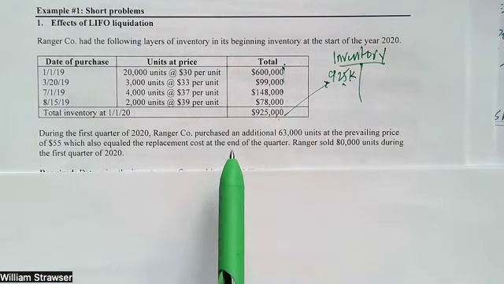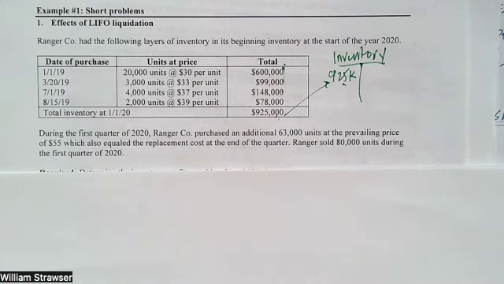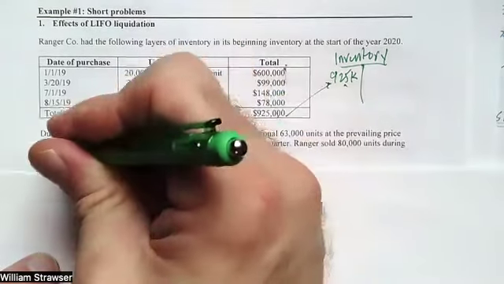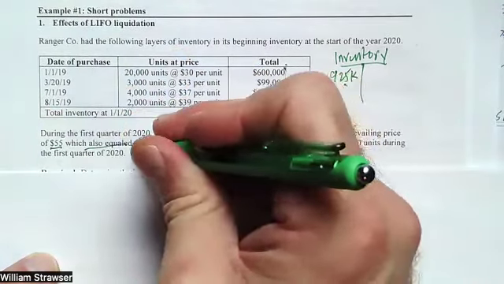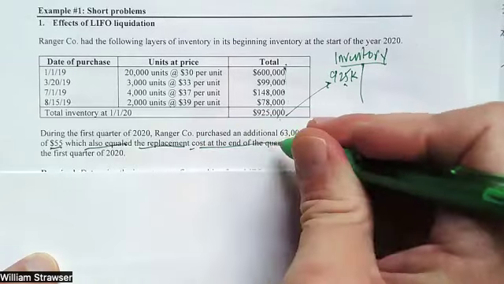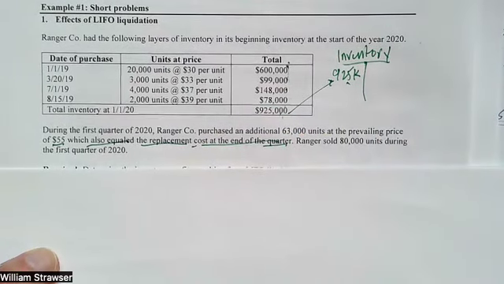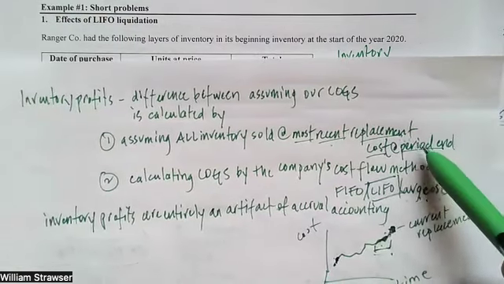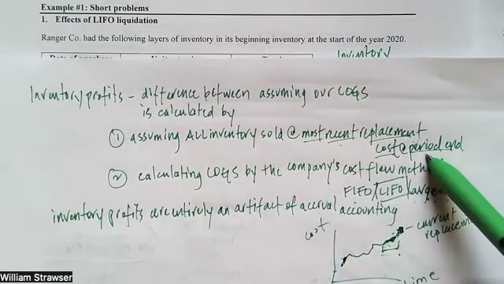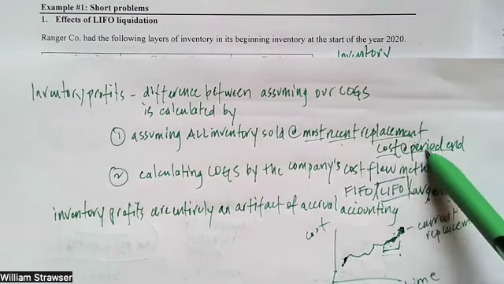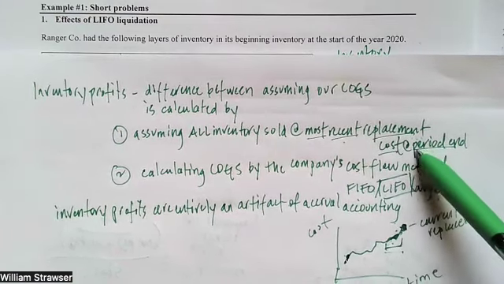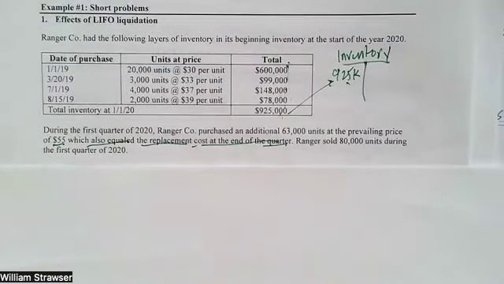So during the first quarter of 2020, Ranger purchased an additional 63,000 units at a prevailing price of $55. And that $55 also equaled the replacement cost at the end of the quarter. So remember, under the inventory profits, that's going to be an important piece to calculate. So our $55 is our most current replacement cost at the end of the period.